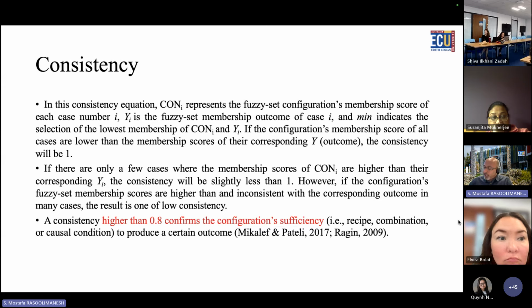Or identify high level of outcome that we want to achieve. So 0.8 means 80% of cases should identify high level of outcome. So this is the threshold for consistency, to show a sufficient combination of factors.